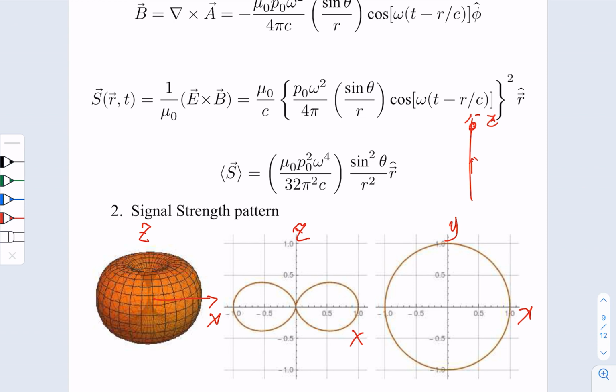So you can see that if you place your Wi-Fi antenna straight up, as you go around your antenna, the Wi-Fi strength is exactly equal. So it's equal in the azimuthal direction, but not equal in the z direction, or this theta direction.